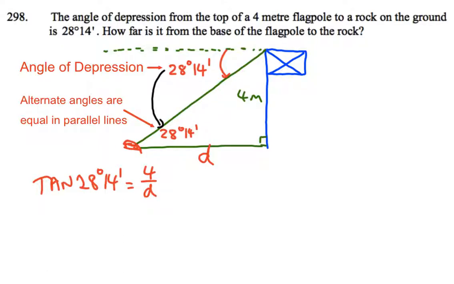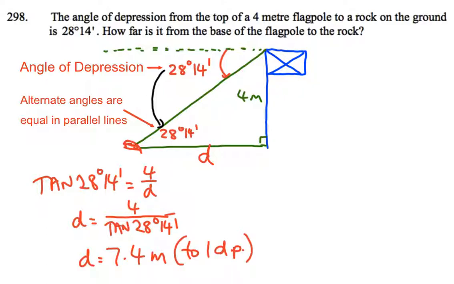And it's one of those tan statements whereby the letters are on the bottom, do you remember what we said in a recent example there? We swap places there with the D and the tan 28.14. And we type that into our calculator and we get a distance of 7.4 meters, which sounds pretty good.